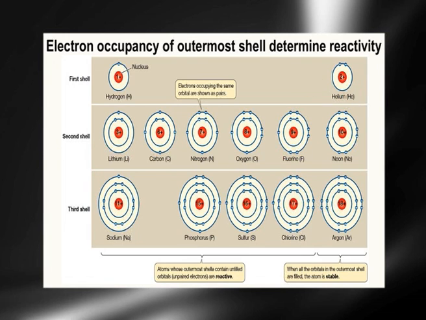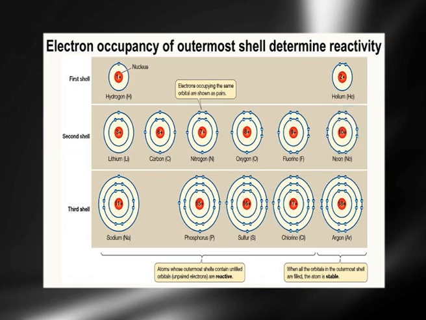In the second shell elements, the outermost shell is filled up by 8 electrons. So all these elements, lithium, carbon, nitrogen, oxygen, fluorine, have partially filled outer shell orbitals. Consequently, they are reactive. On the other hand, neon has all 8 electrons filled up in its outermost shell.